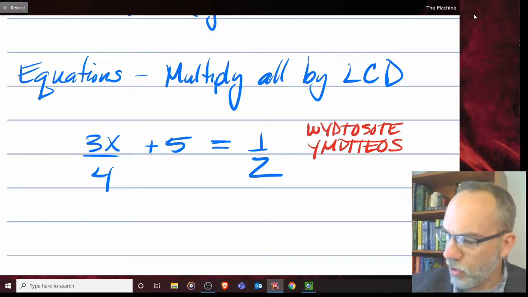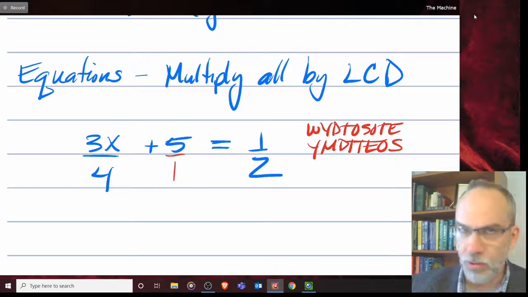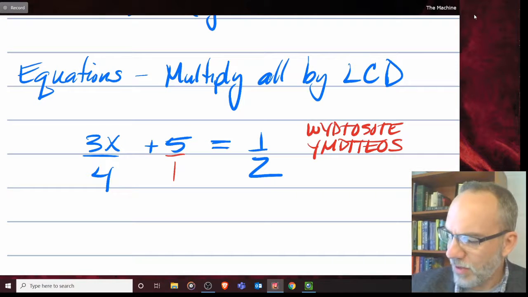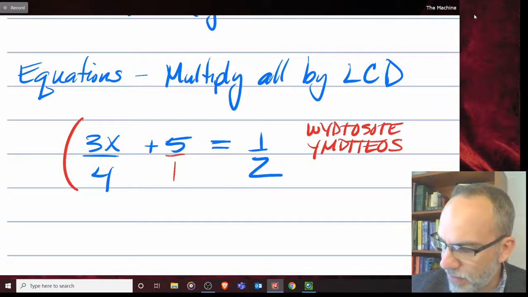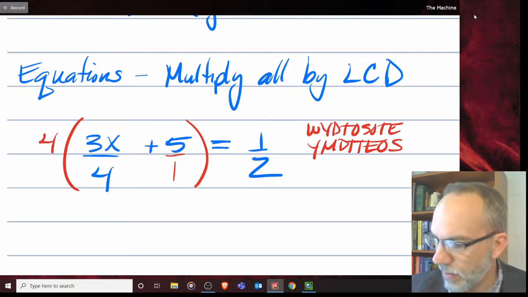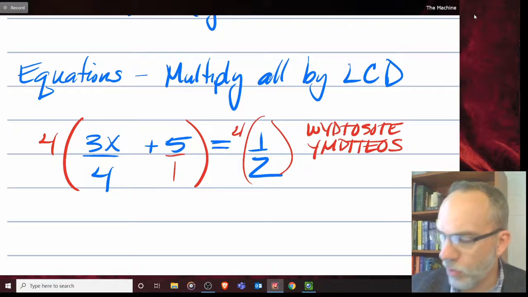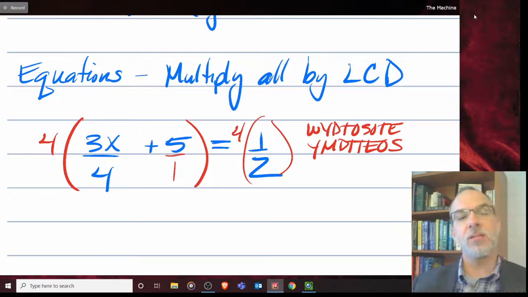What I'm going to do is multiply everything by the least common denominator, and the denominator on the 5 is 1. You can write that in there or not. So what's the least common denominator between 4 and 2? That would be 4. So I multiply the entire left-hand side by 4 and the entire right-hand side by 4, noticing my parentheses around both sides.